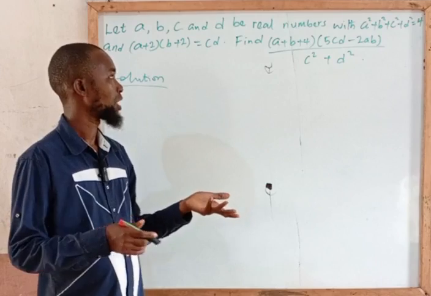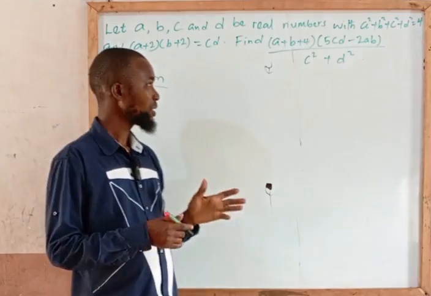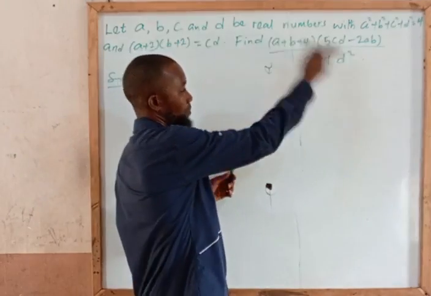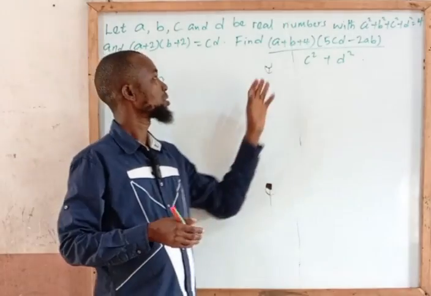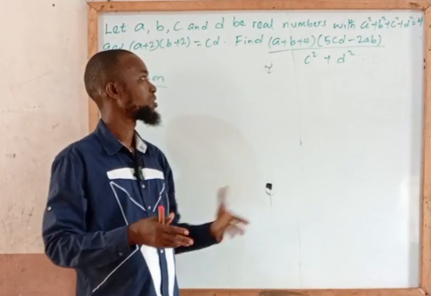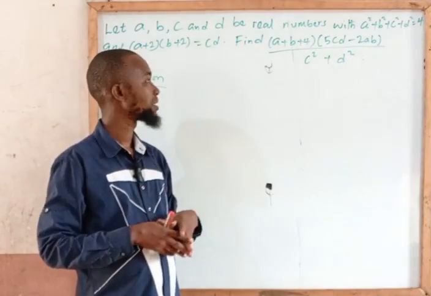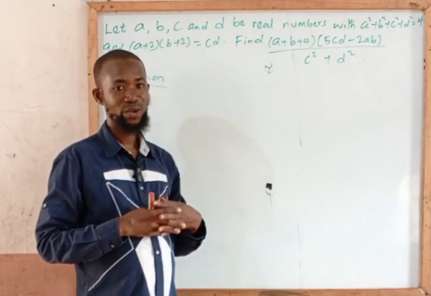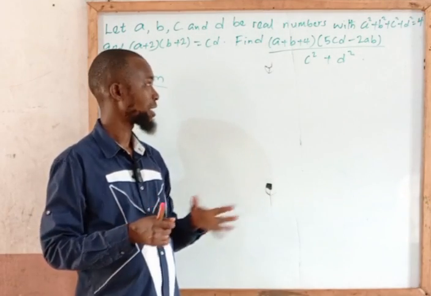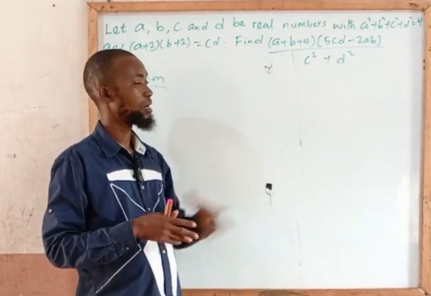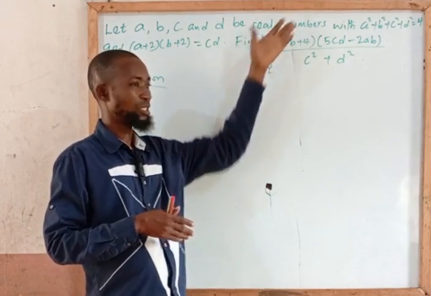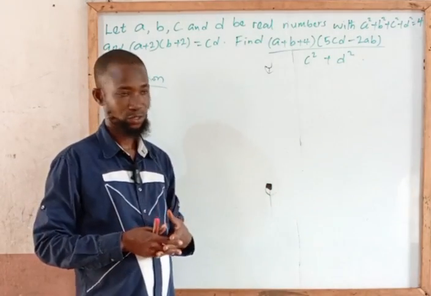One of the best ways to check is to multiply, right? If I multiply this, what it will give me is not any known identity and is in no way related to any known identity. So solving this means we have to rely on the given part of the question.